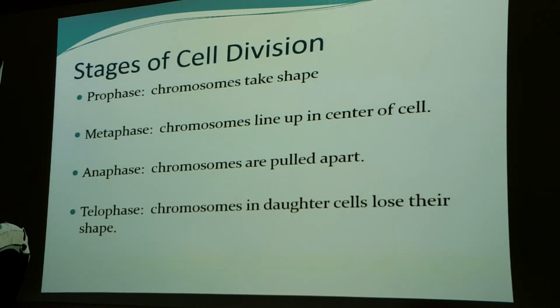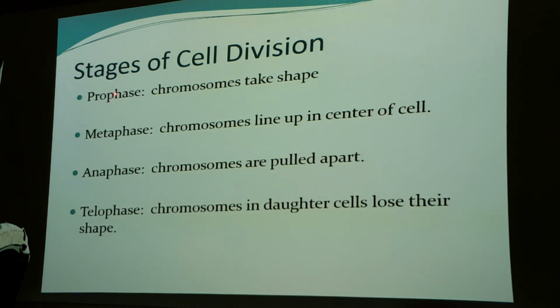Okay? And you definitely want, of each pair of homologous chromosomes, 1 chromosome to go in each direction. Big mistakes, that's what leads to Down syndrome, when 2 chromosomes go one way and no chromosomes go the other way. Okay?